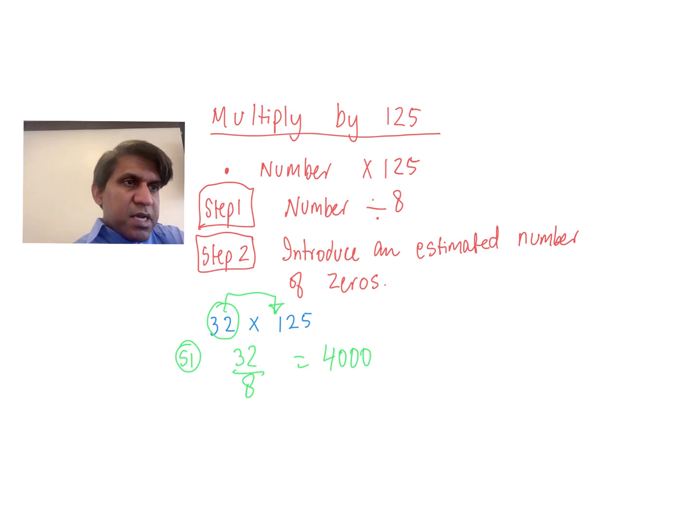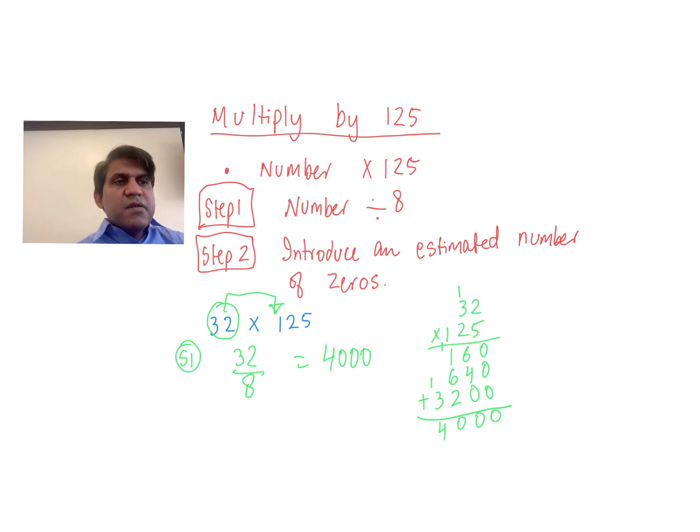If I were to multiply using the traditional algorithm, I'll get 5 times 2, which is 10, 5 times 3, which is 15, plus 1 is 16, and then I'm multiplying in the tens position, so 2 times 2 is 4, 2 times 3 is 6, and then the 100 position, so I'll get 2 and 3. So I get 4000.